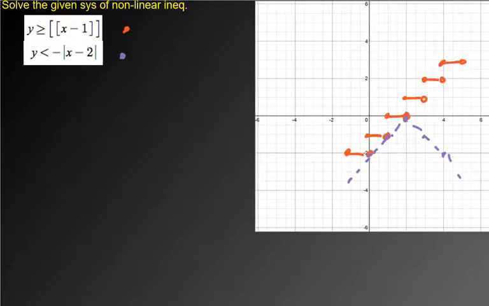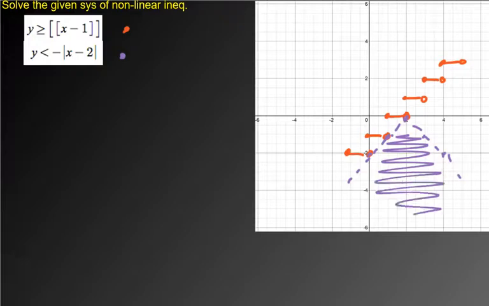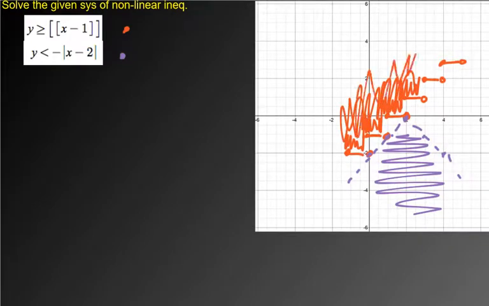And now for shading, you shade below this one, and you shade above this one, right? So you get that. And if you remember, this point in here was open for the red floor function, and we kind of look like we filled it in with the purple, but the purple is really dotted.